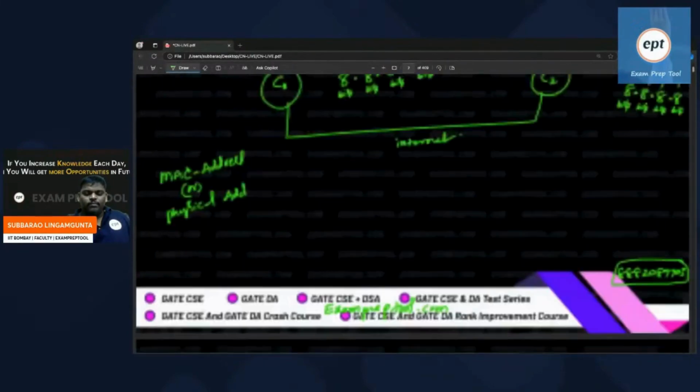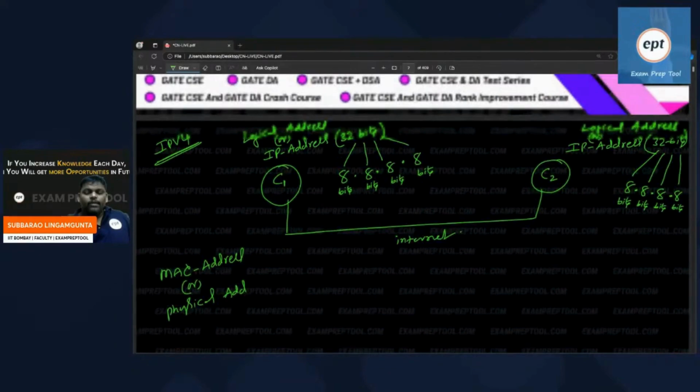I started. In the internet, if two devices want to communicate, they both should have an IP address. IP address, according to IPv4 version number 4, is 32 bits. The 32 bits will be divided into four 8s, 8, 8, 8, 8, 4 octets. 8 bits are nothing but 1 octet.